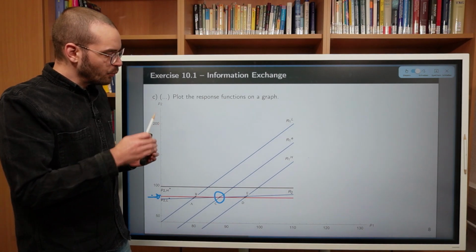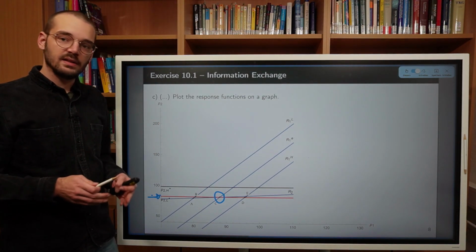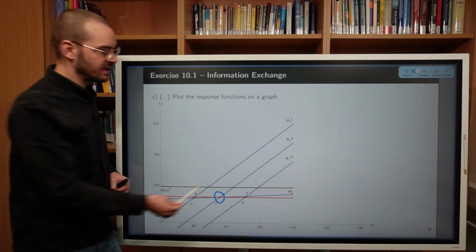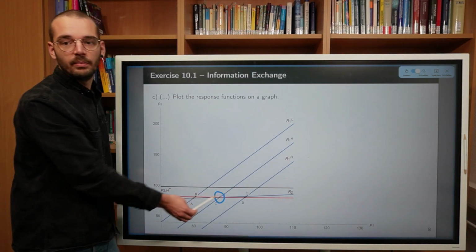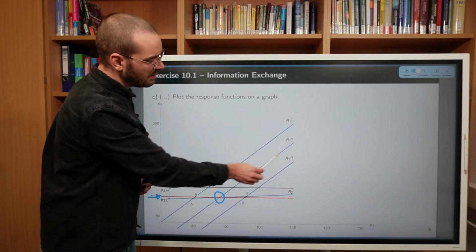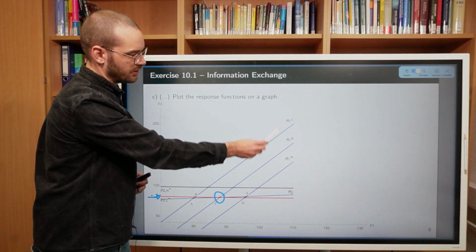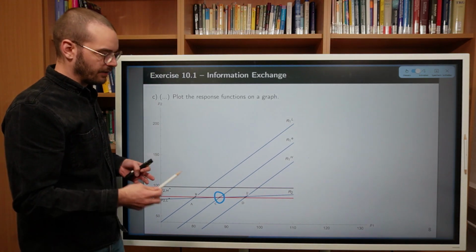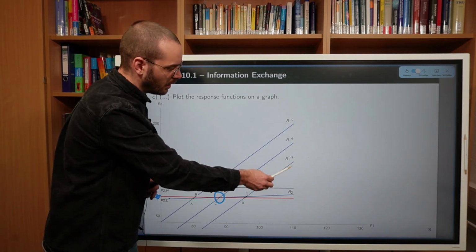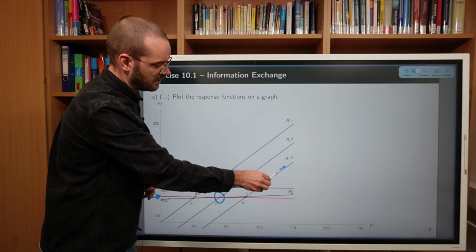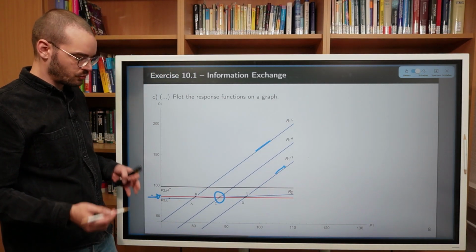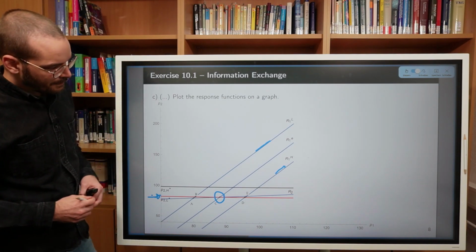Now, firm 1, of course, as we said earlier, will never actually have this middle reaction function, but rather, firm 1 will always either have high costs or low costs. So, from the point of view of firm 1, it will always be the case that either this lower reaction function or this higher reaction function actually holds true. Right.